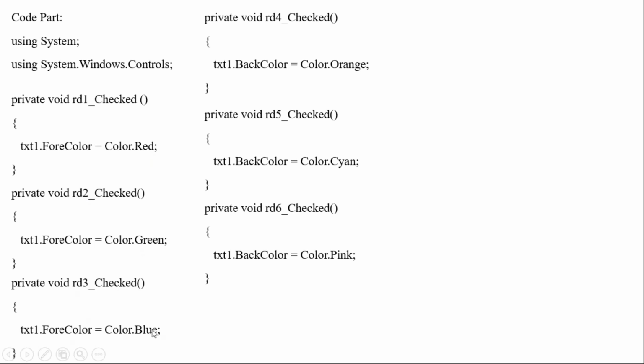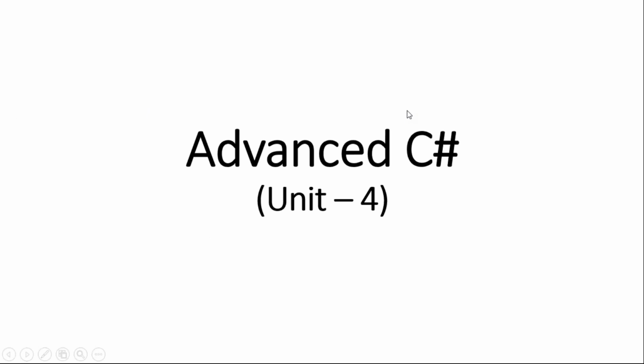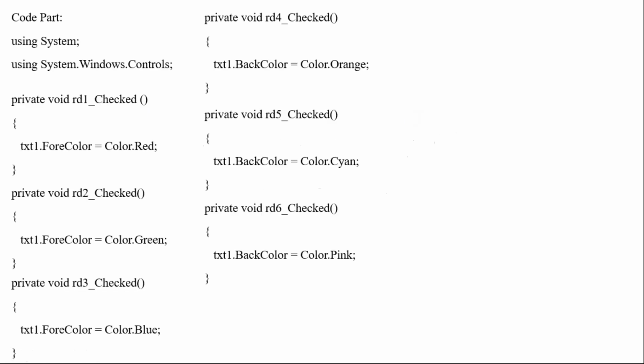Radio button 3, Checked event, forecolor blue. And similarly, radio 4, 5, 6: back color orange, back color cyan, and back color pink. So it is the same as the code of your Windows Form. Only the change is this event. Instead of CheckedChanged, we write only the Checked event. Right? So this is what WPF is.